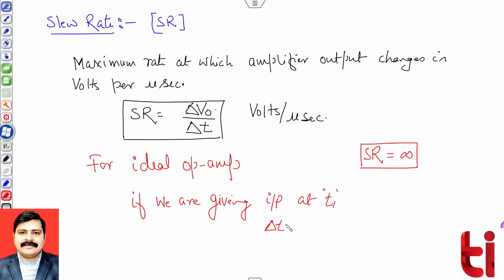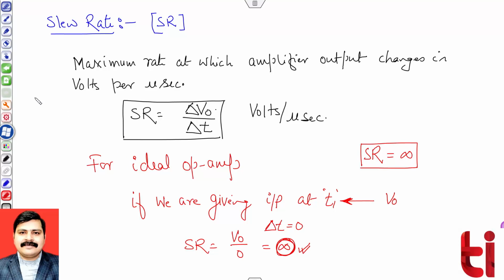Ideally we want this delta t to be equal to 0. I want output at the same instant, at instant t1. So my SR will be equal to V naught divided by 0, that means infinite. So this is an interesting parameter, slew rate, which has a value of infinite, or practically it should be very, very high.